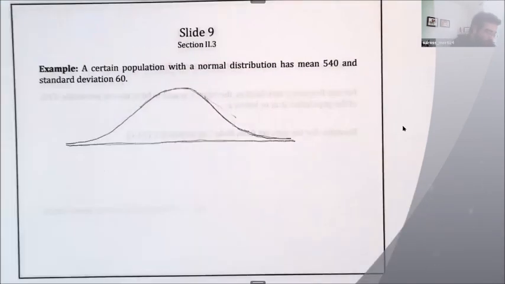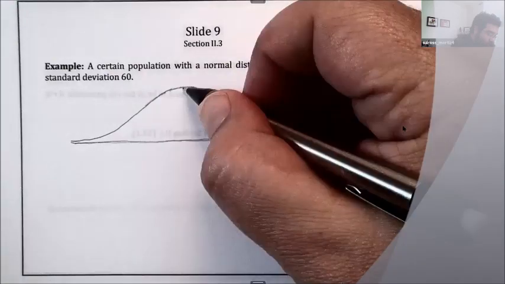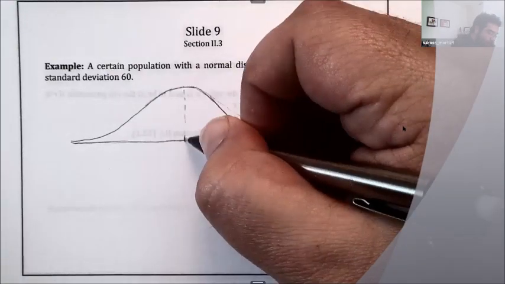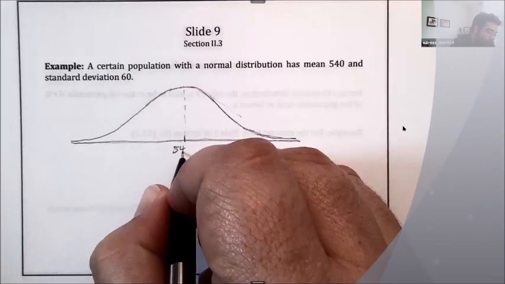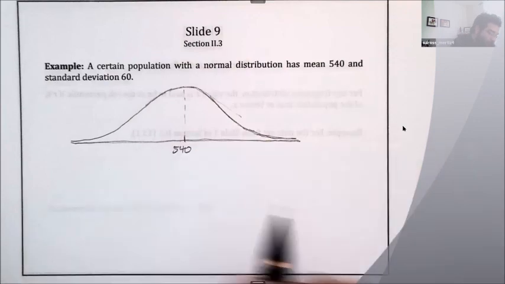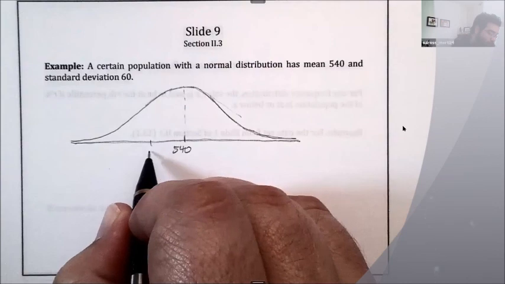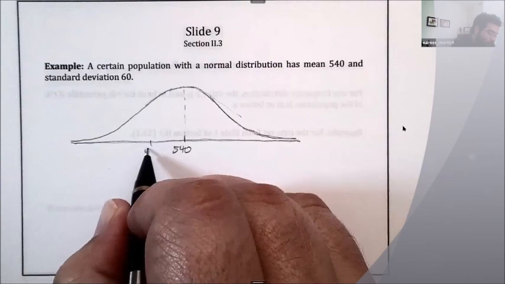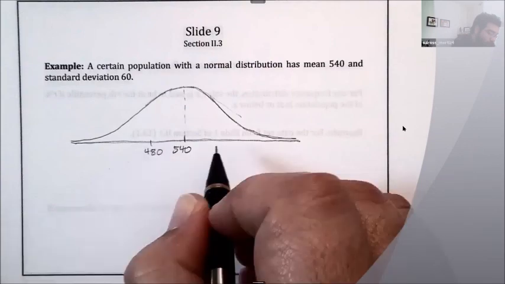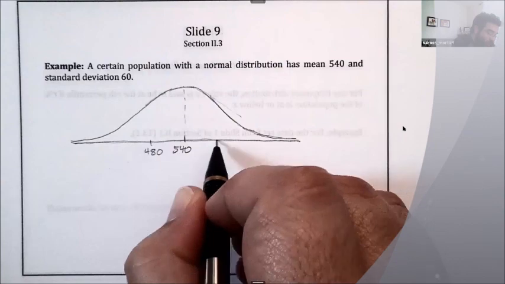So the mean is 540. So here in the middle, we have 540. Standard deviation 60. So here we'll have 480. And 540 plus 60 is 600.